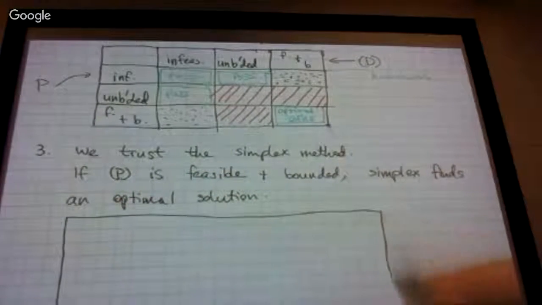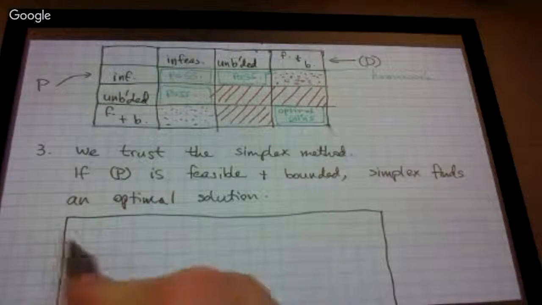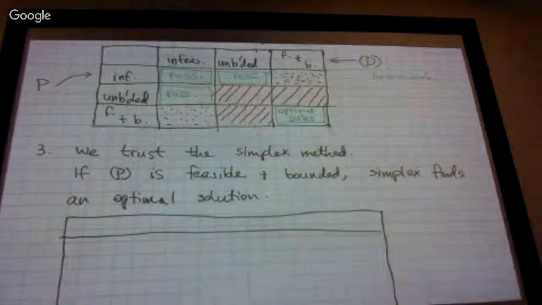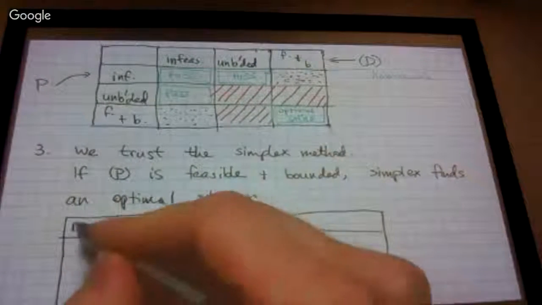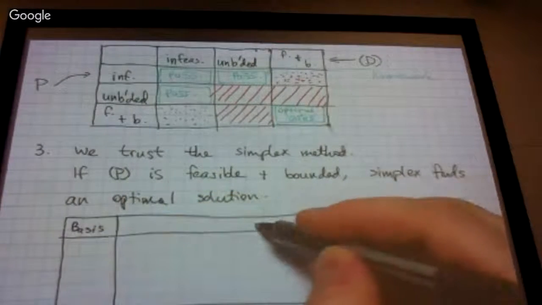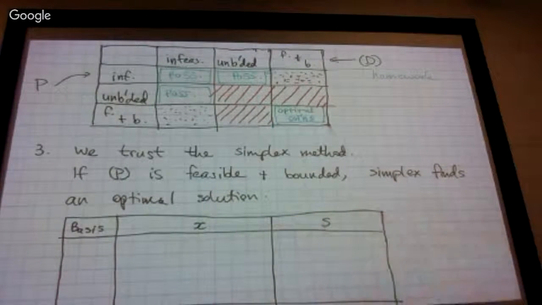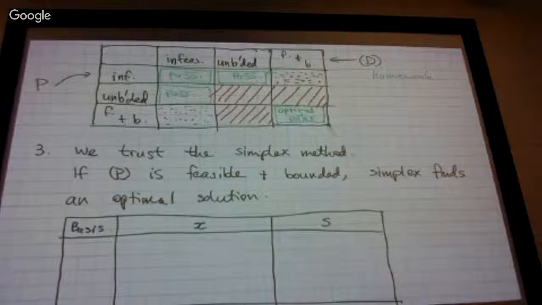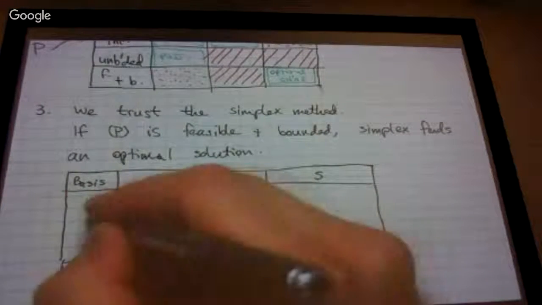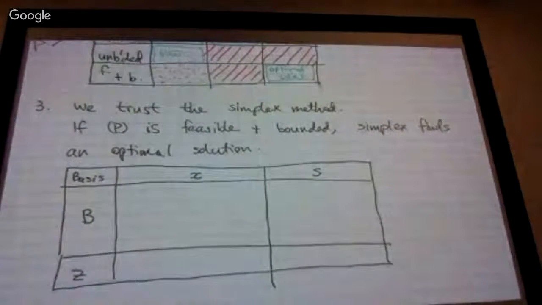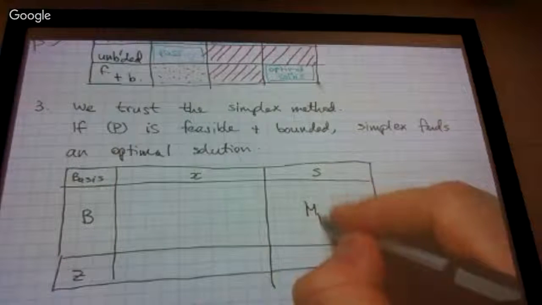It looks a bit like this, doesn't it? So we have Z, we have some bases. What do we have here?